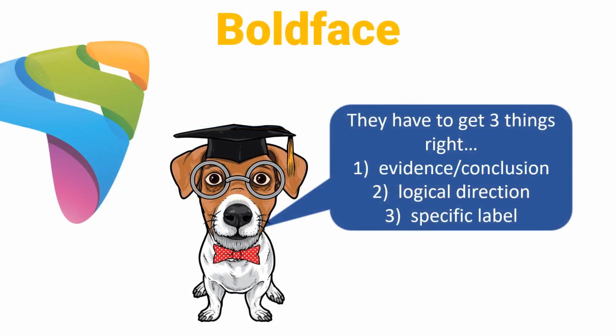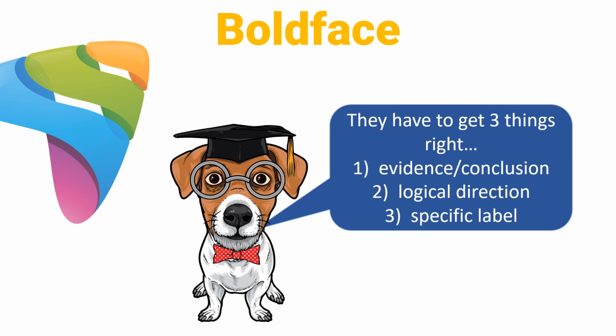So on any boldface question, they gotta get these 3 things right. They have to correctly label each sentence as either evidence or a conclusion, and they've got to get the logical direction right. At that point, you're usually down to the correct answer. Sometimes they can be mean and they can have you nitpick the specific label that they've attached to each sentence.